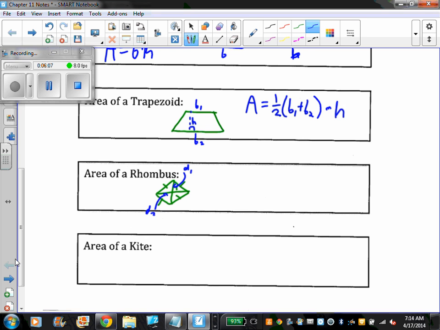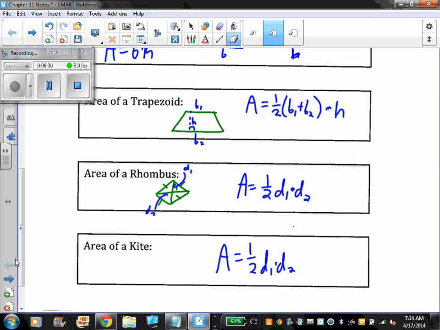And I'm talking about the full length of it, not just half of it, the whole length of the diagonal. In that case, the area of a rhombus and the area of a kite are both going to be 1/2 of the length of one diagonal times the length of the other one. And again, the same is going to be true for a kite.